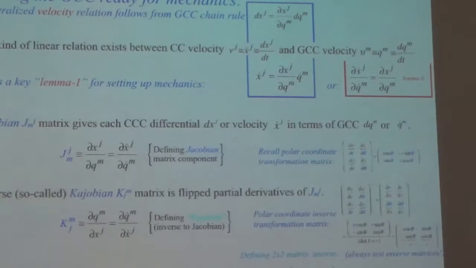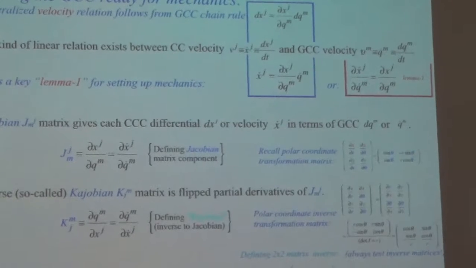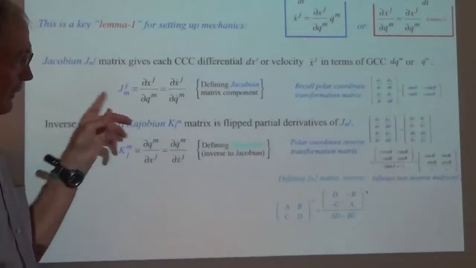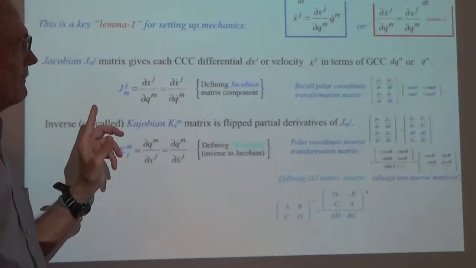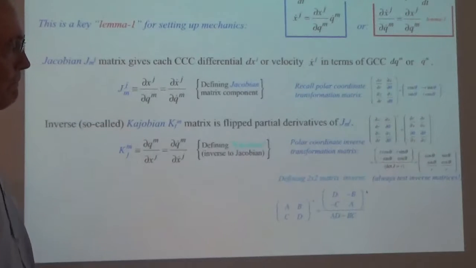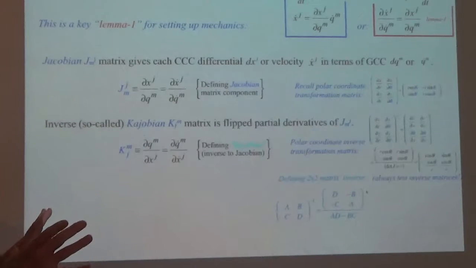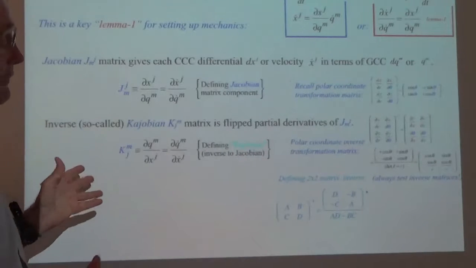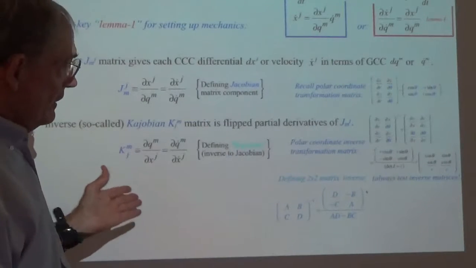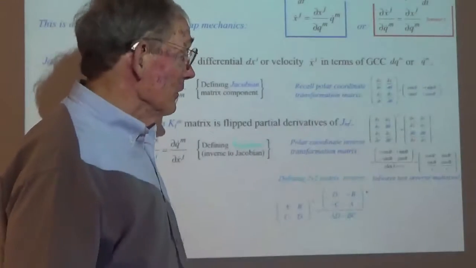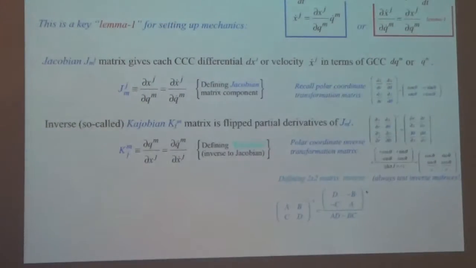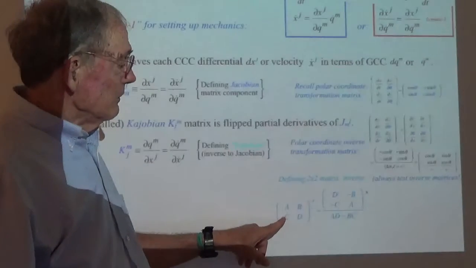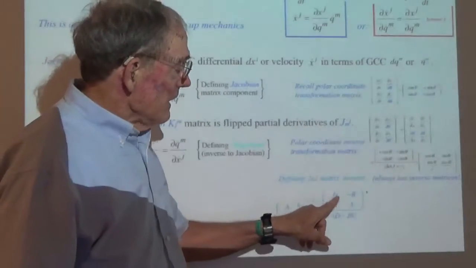Now this is kind of a joke, and it isn't my joke. I think somebody else thought this up, but there are books that call the inverse of this matrix the Kajobi. Okay, so we use letter K for it. Of course, with a 2 by 2 matrix, it's really easy to do an inverse. Basically all you do is put a minus sign on the off-diagonal components and flip the diagonal ones.